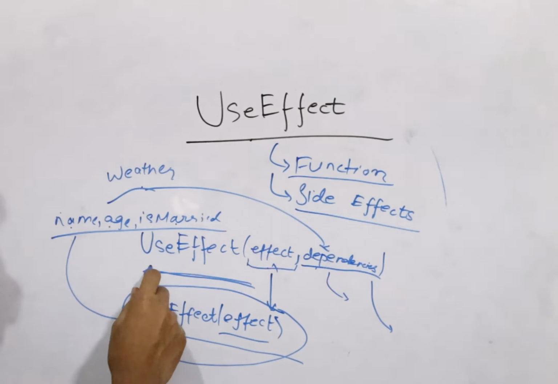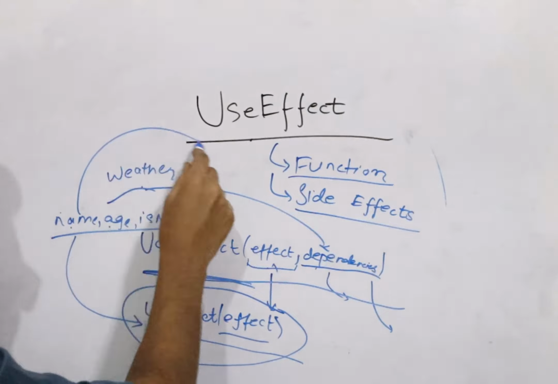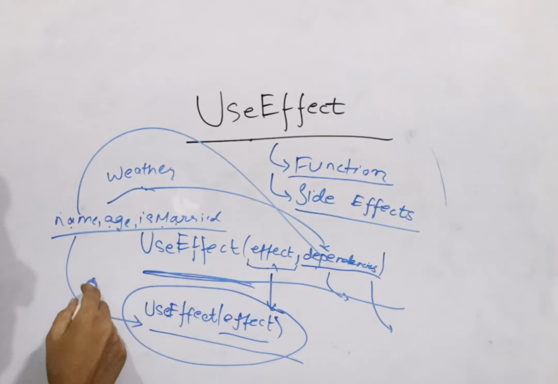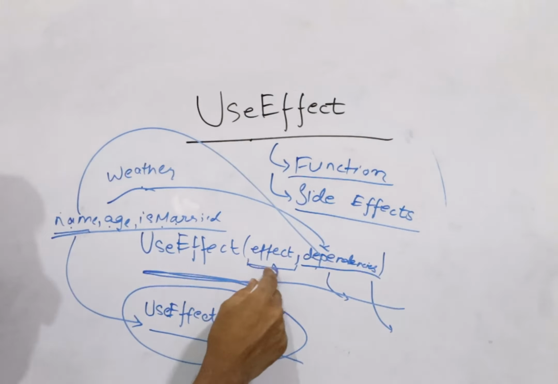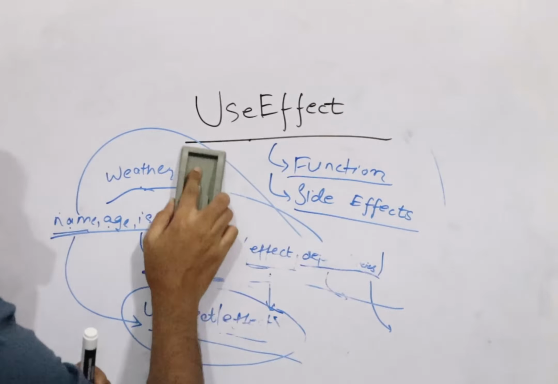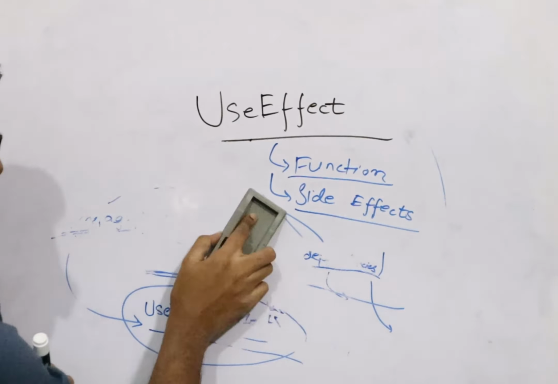But if we follow the first one and put the name here, not the age or isMarried, only when the name changes will this effect run. Let me remove these things here and explain it more clearly.